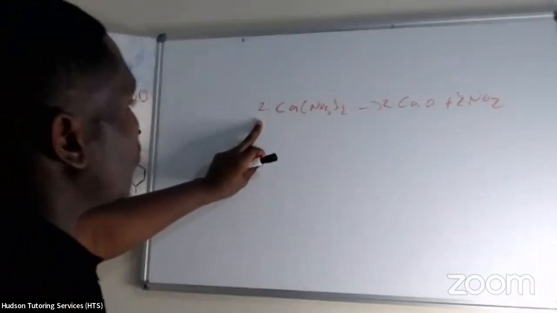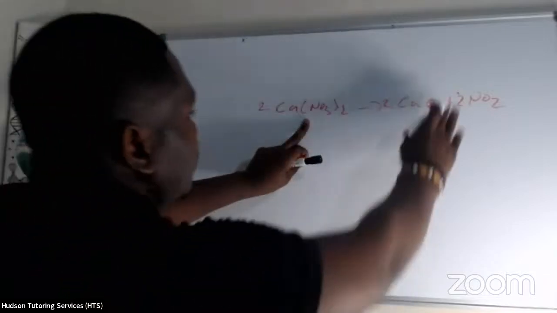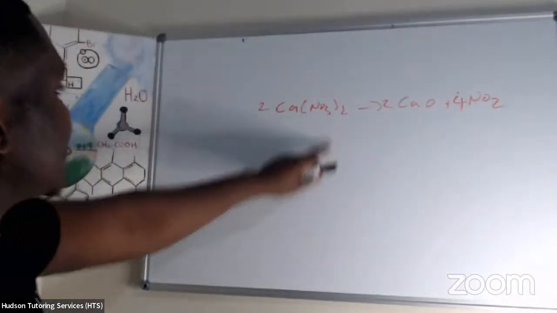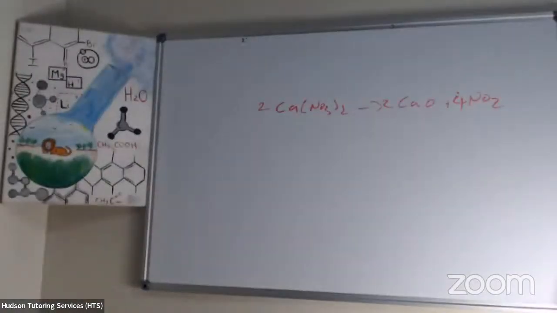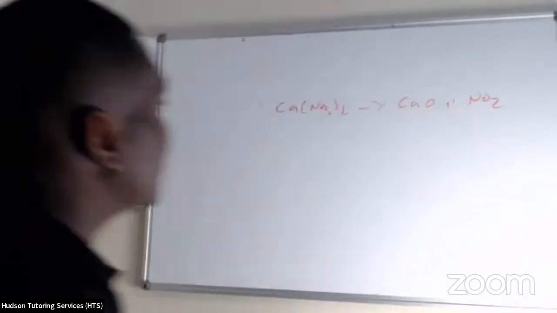Put a 2 there. So that's 2 calcium, so that's 4 nitrogen right there. Our balance 2, 3, 6, 4 twos. I'm looking carefully at it. It doesn't look balanced as yet. All right, figure it out.